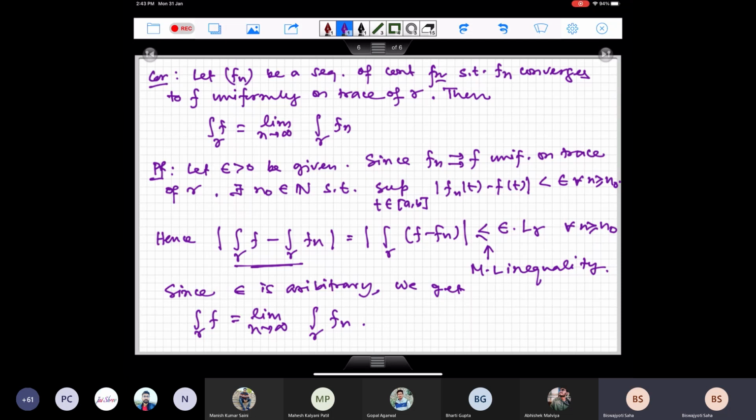This is going to be a very important statement, because, for example, in the case of power series we have already seen uniform convergence, so in those scenarios we will be able to use this corollary. Fine, is this clear? Yes, sir. Okay, great.